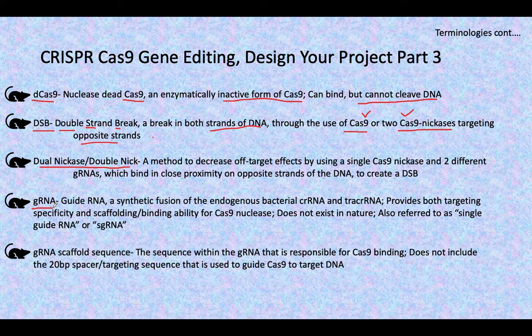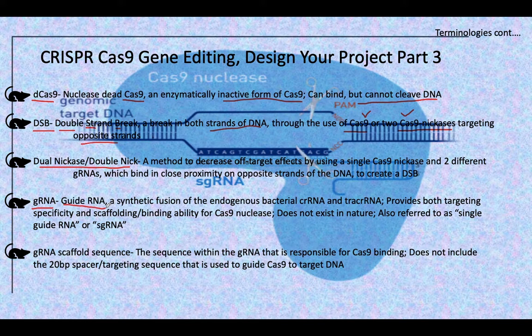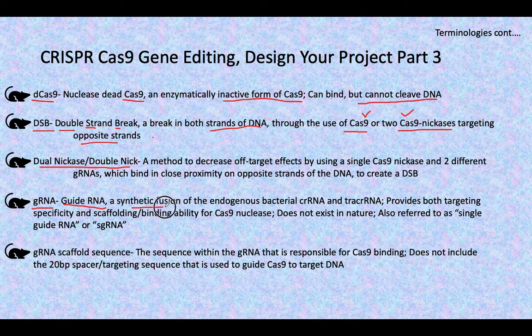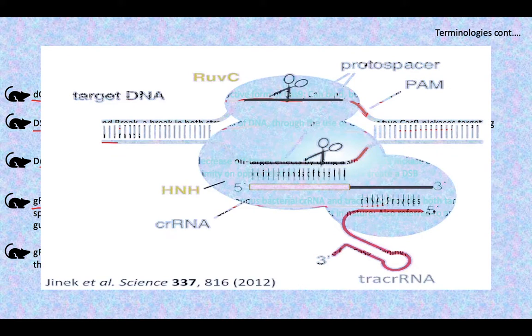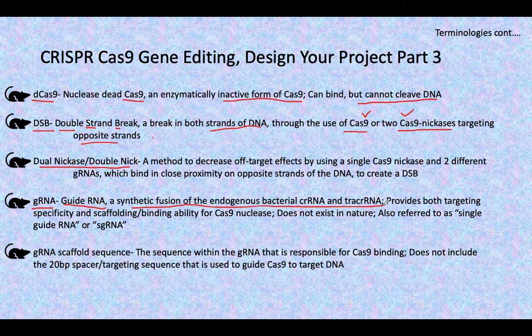The guide RNA. This is a very important component of the CRISPR-Cas9 gene editing system. This is the synthetic fusion of the endogenous bacterial CRISPR RNA and trans-activating CRISPR RNA. We will talk about it in more detail and you will understand it very well.